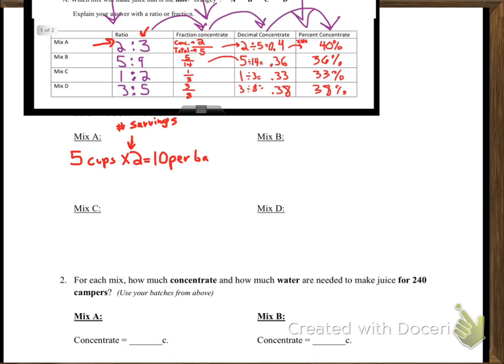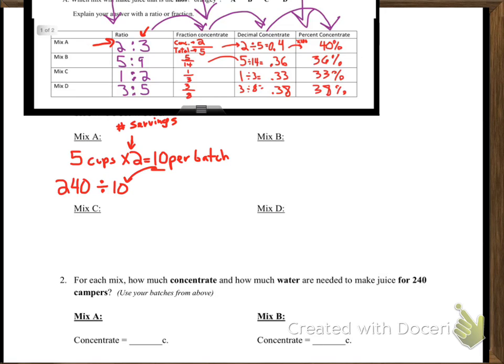But now I need to figure out, there's 10 servings per batch, how many batches to give juice to 240 campers. So let's do 240 campers divided by, how much does each batch give us again? 10.